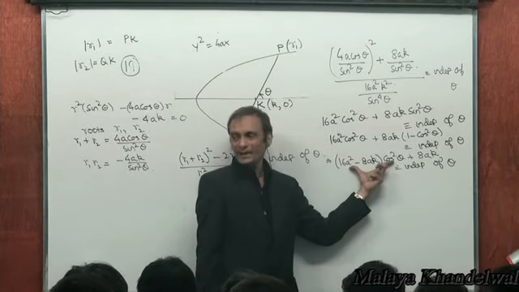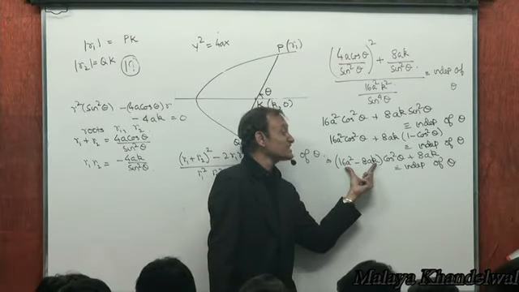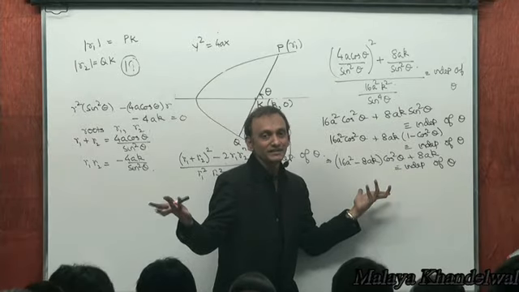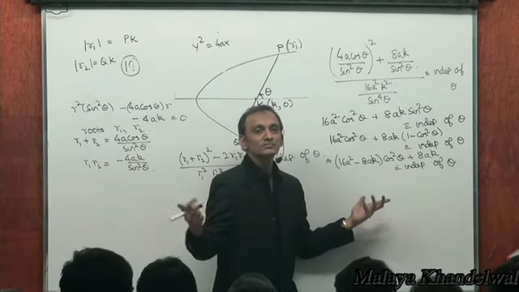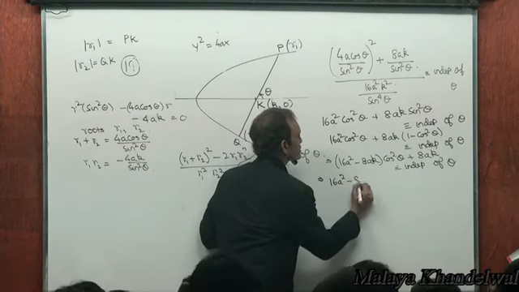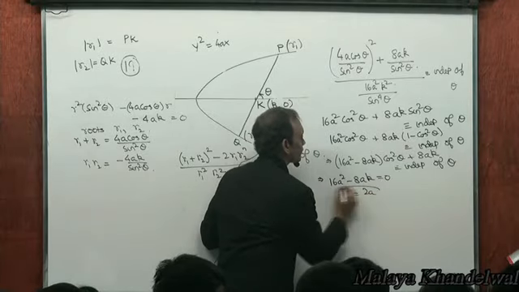That means the cos square theta term must be independent of theta. For this, 16a squared minus 8ak must be 0. Then it will become independent of theta, right? So we must have 16a squared minus 8ak is 0, or k must be 2a.